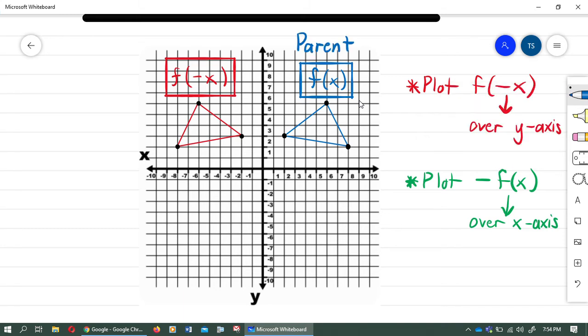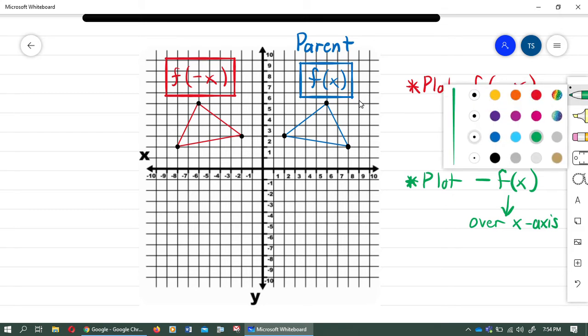All right, so again, if we're still using f of x as the parent function, then we would need to take each point again, and this time we would need to reflect it over the x-axis, right? And make sure that it's the same distance away from that line of reflection.